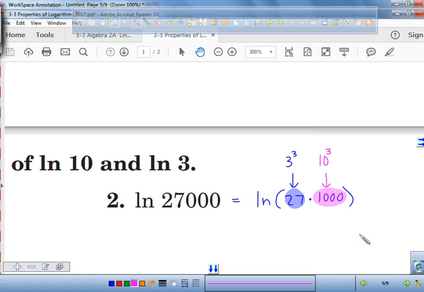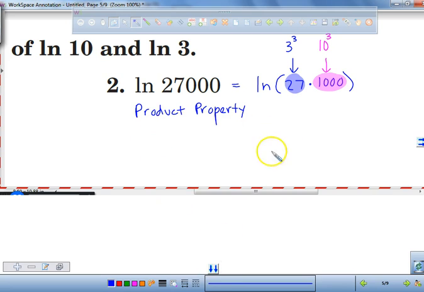Next thing we got to use is the product property. For those of you who don't know the product property, I'm going to write it down right here. Product property. It's not funny yet, okay? But here's the product property.